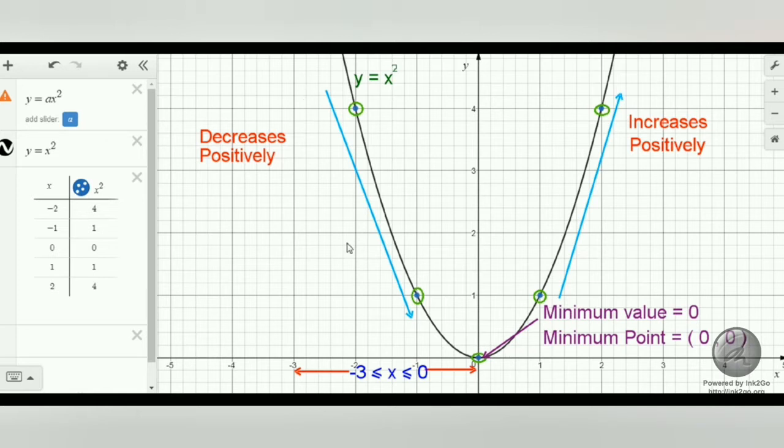The function increases as the value of x increases from 0 to positive 3. The function is a minimum curve. The minimum value and the turning point of the curve is 0, 0.